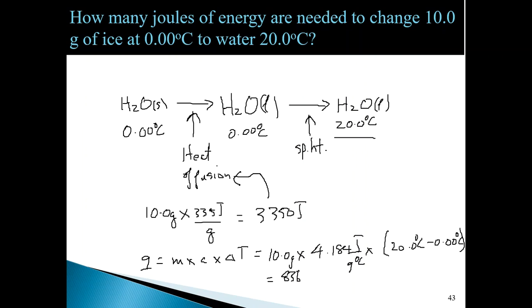Okay, round off to 366, that would be 837 joules, all right? So this is the amount of heat that it needs to melt the ice, and this is the amount of heat that is needed to raise the temperature of liquid water from 0 degrees to 20 degrees.